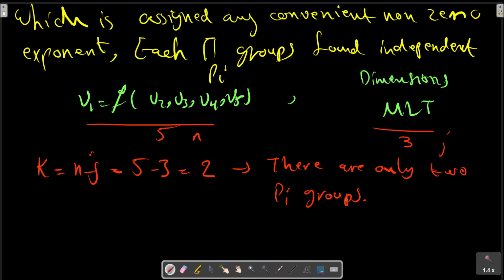Pick out 3 convenient variables that do not form a pi, and suppose this turns out to be v2, v3 and v4.